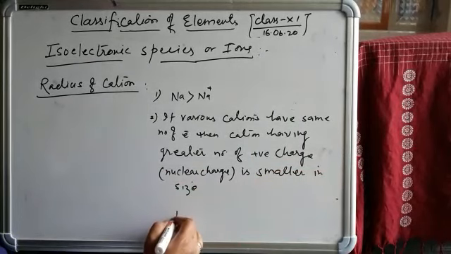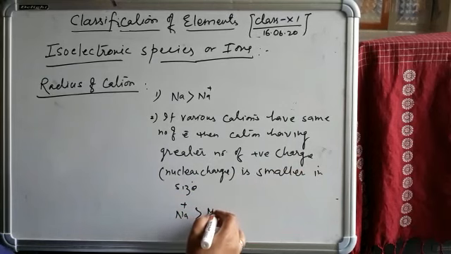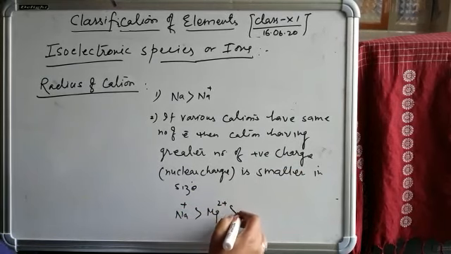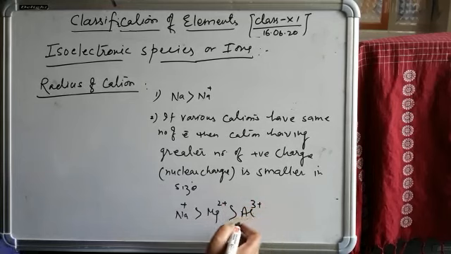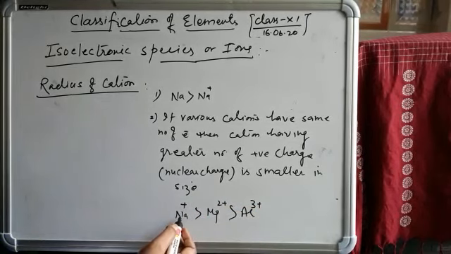For example, sodium 1 plus, magnesium 2 plus, aluminum 3 plus. Aluminum is the smallest in size because its effective nuclear charge is greater. Here the effective nuclear charge is less.